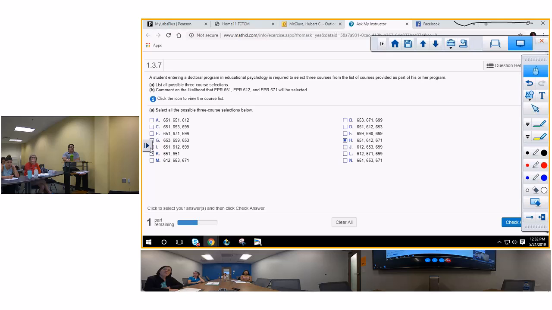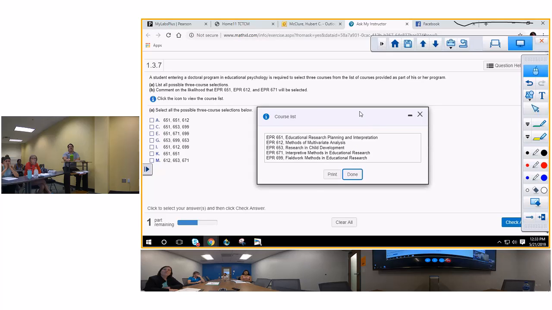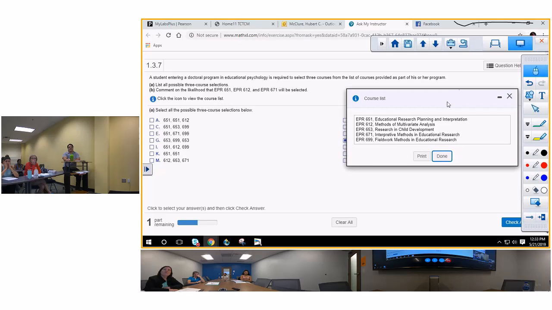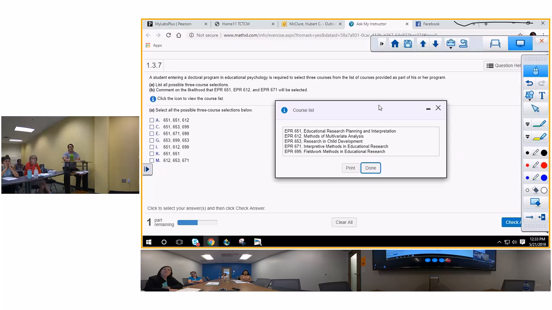Not one of my favorite questions, because what they do is they give you an example with 2 or 3 classes, and they tell you to list, and then they put one of these on your homework with 3 classes. They probably have 7 to choose from. What this is called is a sample set or a sample space. It's when you do all of the possibilities.